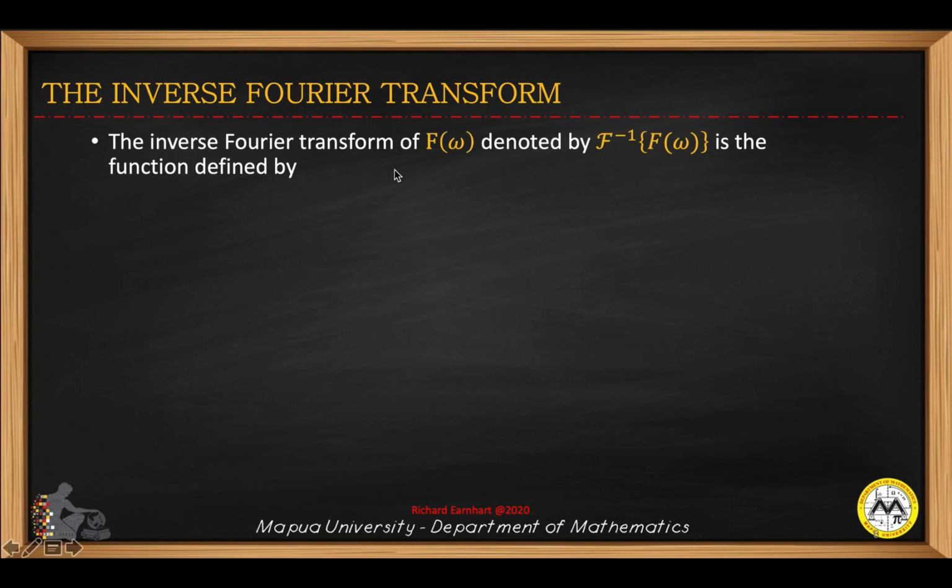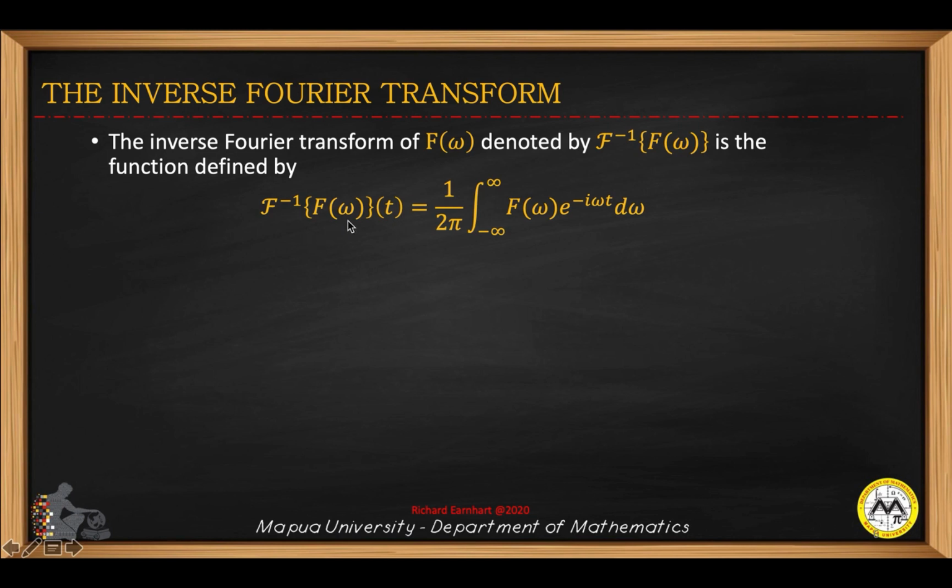The inverse Fourier transform of F of omega, denoted by this symbol, is the function defined as follows. This is the inverse operator symbol, and the resulting function has to be a function of t.